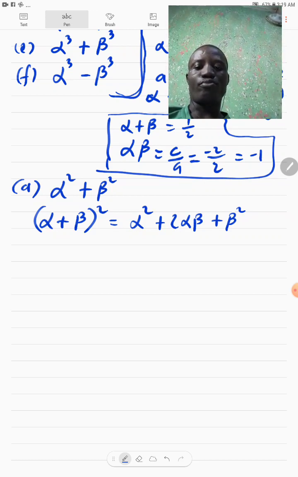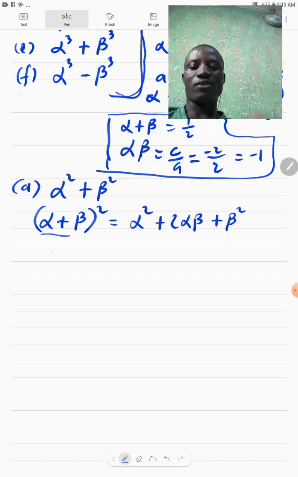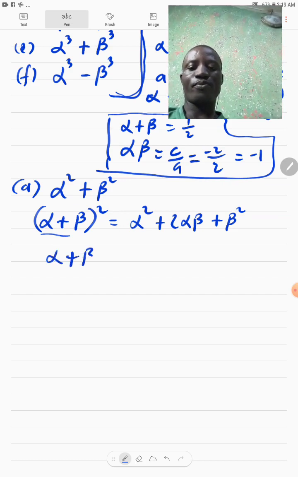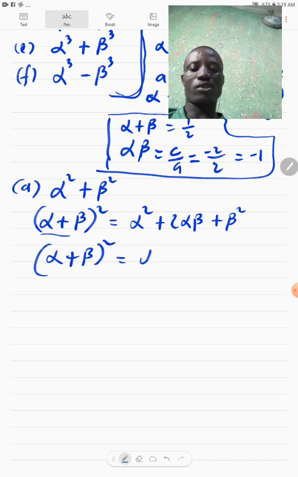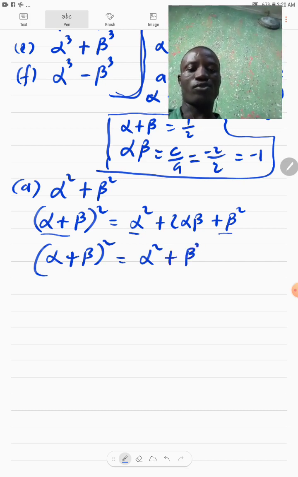So you expand this, and it gives alpha plus beta all squared equals alpha squared plus beta squared plus 2 alpha beta.